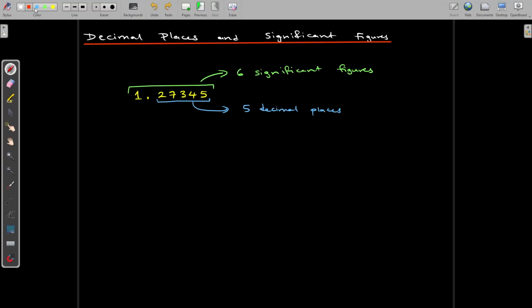Alright, a new topic: decimals and significant figures. So let's say we had 7/8, and we were instructed to round the answer to 2 decimal places.